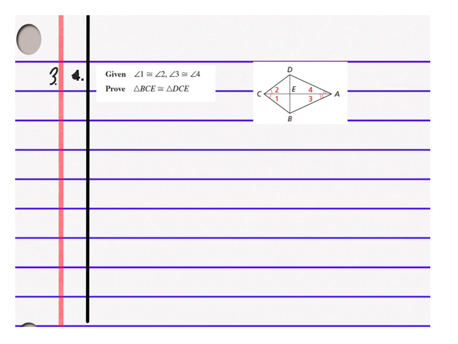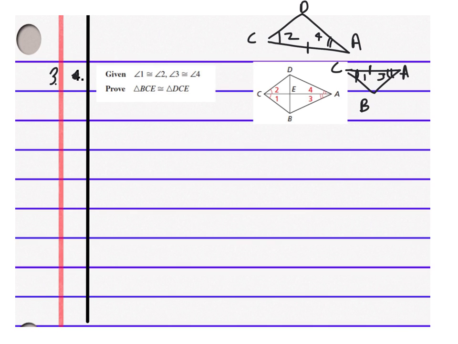But first, in order to do that, we're going to prove that the two bigger triangles, CDA, is congruent to CBA, like if I split that one apart. And I can do that because I know angle 1 is congruent to angle 2, angle 4 is congruent to angle 3, and they share CA, that reflexive side, so I have angle, side, angle.